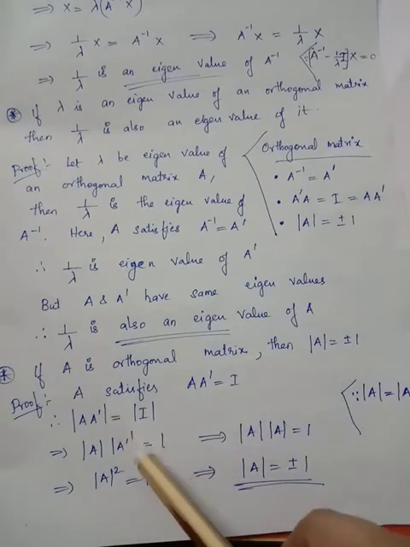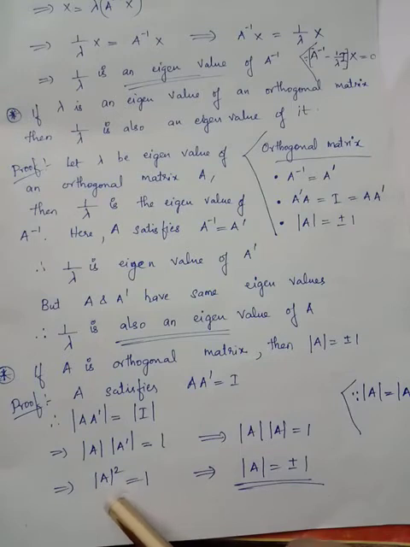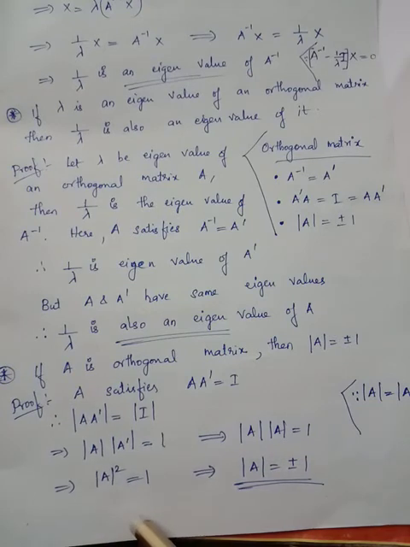Hence, you can replace A dash by A itself and you get the square of determinant A, which equals 1. The only possibilities for determinant of A are plus 1 or minus 1. Hence, you can conclude the property of orthogonal matrices.